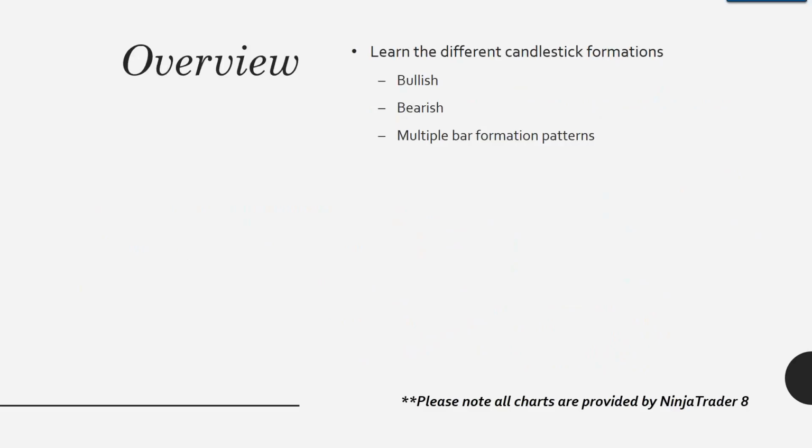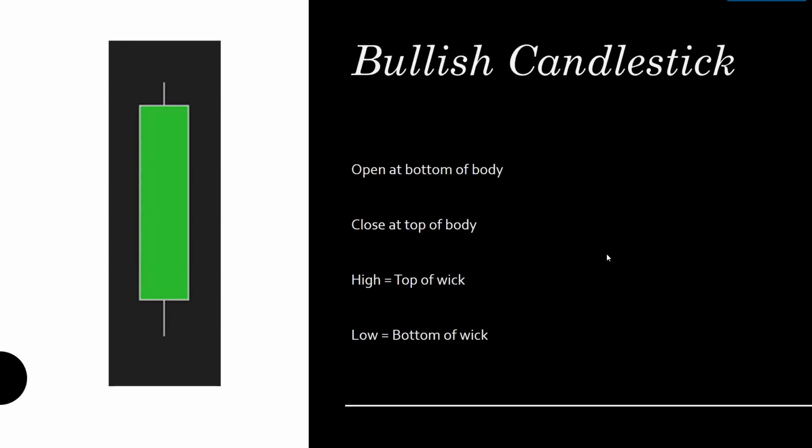Now, for those of you that are not familiar with the candlesticks, the body is the colored portion. Sometimes they're transparent or clear. And then you have a line at the top and a line at the bottom. The bullish candlestick, the open is down here at the bottom of the body.